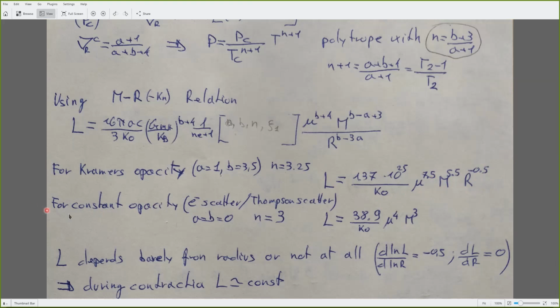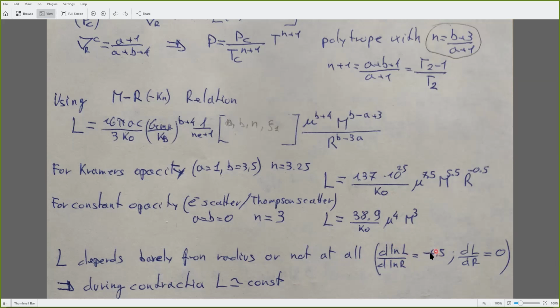If you just consider a constant opacity, just electron scattering, we have the classical polytropic index 3 as usual, and the classical relation with luminosity depending on the cube of the mass. Why do all the calculations? This is because we saw that for this kind of model, essentially a star that is contracting, the luminosity depends barely, slightly on the radius, or not at all.